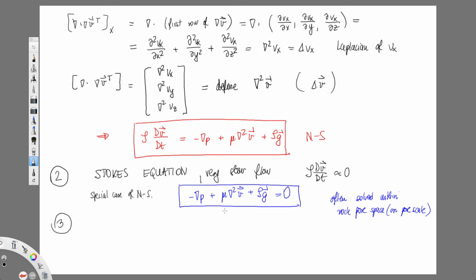So this is inviscid fluid, where the divergence of the shear stress can be ignored. So my rho dv dt is just minus gradient P plus rho G, or minus gradient of generalized pressure.